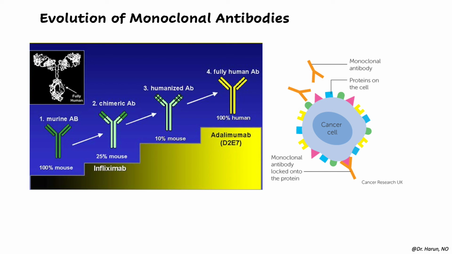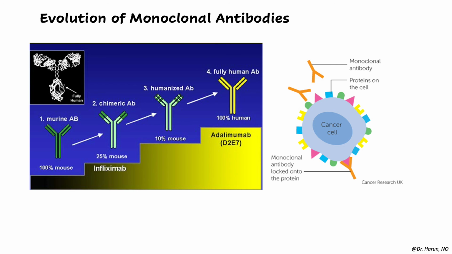Okay, so this is the evolution of monoclonal antibodies. Bermula daripada murine antibodies 100% menggunakan mouse. Bila we move to chimeric antibodies, so we just use 25% of mouse, dan the third one adalah humanized antibody, we just use 10% of mouse, and then the fourth one adalah the evolution of fully human antibody, which we use 100% from the human.